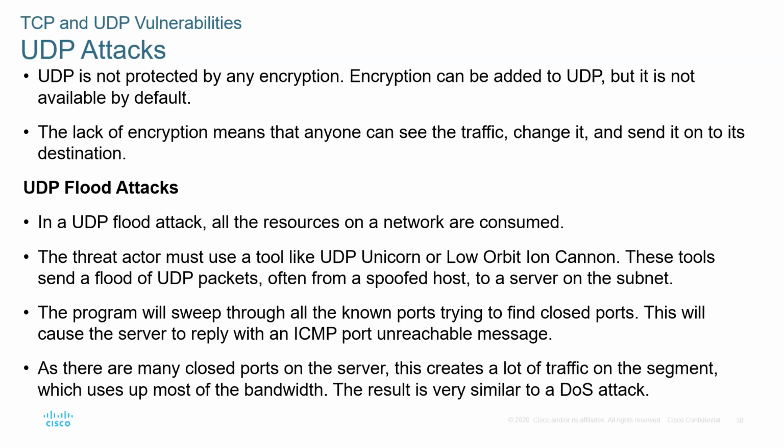Maybe the session layer will encrypt the data, but the labels that are on that UDP segment are not encrypted at all, and everybody will be able to see them. All right. You can use Unicorn, Low Orbit Ion Cannon to create DHCP attacks using UDP segments.